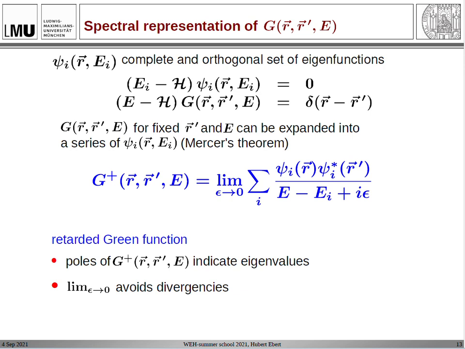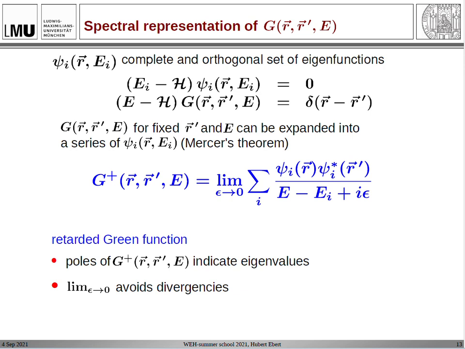And with that property, it should be possible to represent the Green's function. And if you make use of that, you are immediately led to that spectral representation of the Green's function. In other words, that means the Green's function has stored all the information you can deduce from the original homogeneous equation concerning the eigenfunctions and eigenvalues.